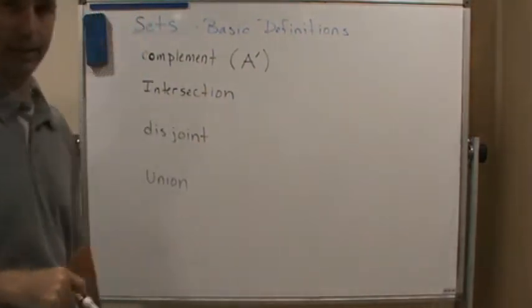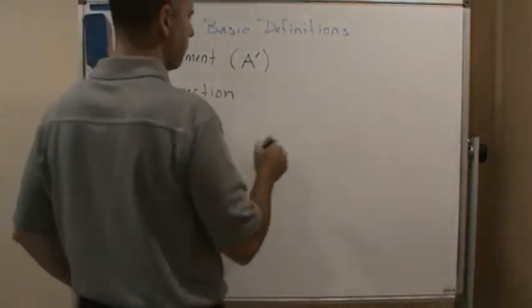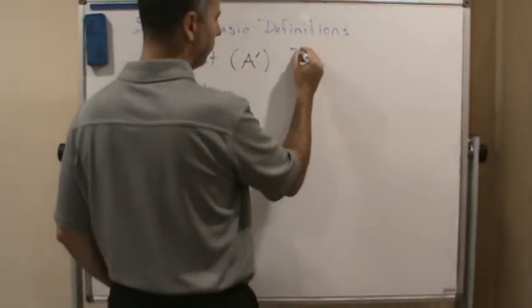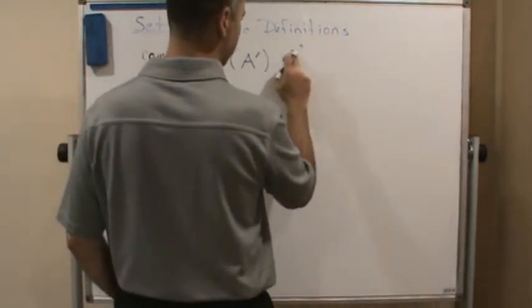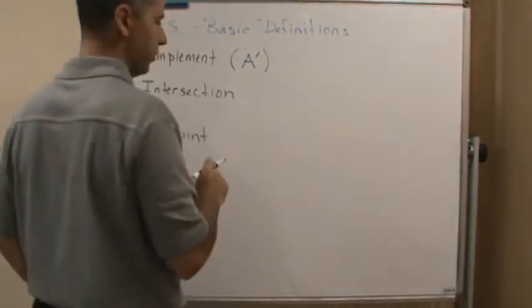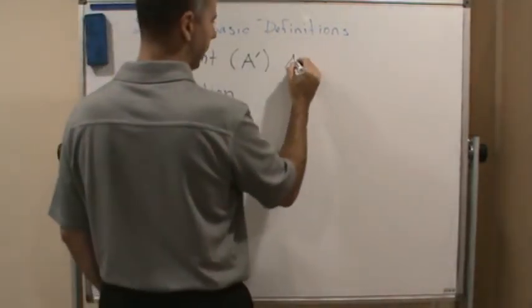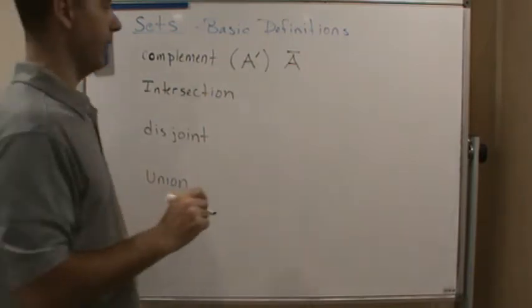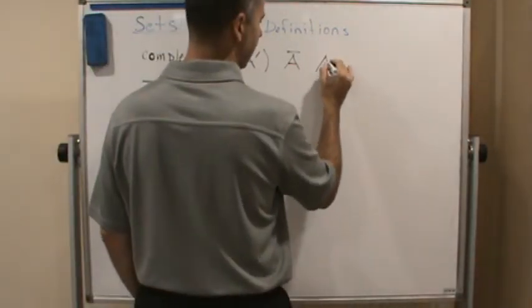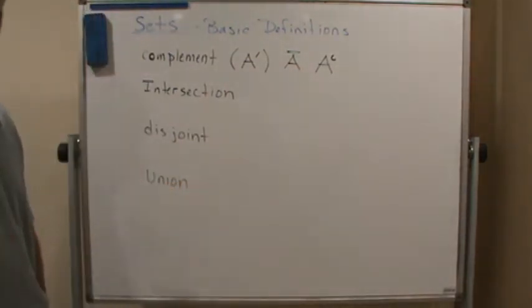So A prime is the complement of A. Some textbooks use A bar for the same thing, and I've seen it with a little C at the top for complement.